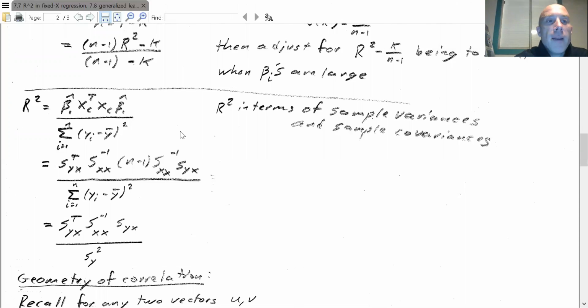Now I want to write R squared in terms of sample variances and sample covariances, using matrix formulas. I'm going to use my sum of squares regression over sum of squares total formulas.